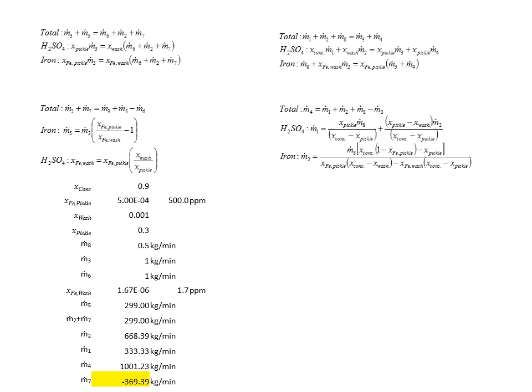1,001.23 kilograms per minute. We then go back to determine what the mass flow rate of stream 7 is. And notice that it is a negative 369.39 kilograms per minute. Now, assuming our algebra is correct, the only thing that we had done was state that the wash solution had a mass fraction of sulfuric acid of 0.001.